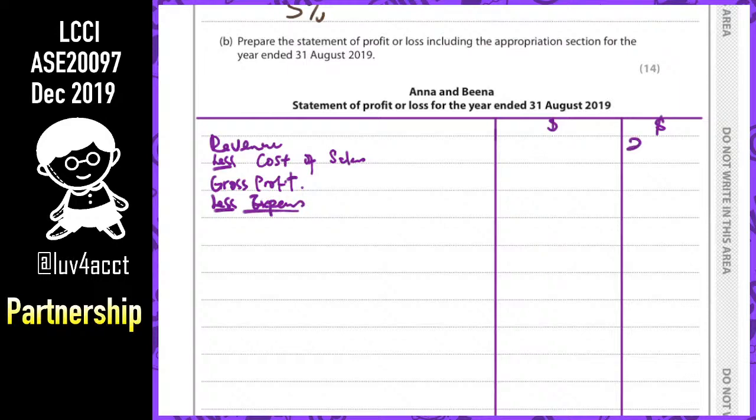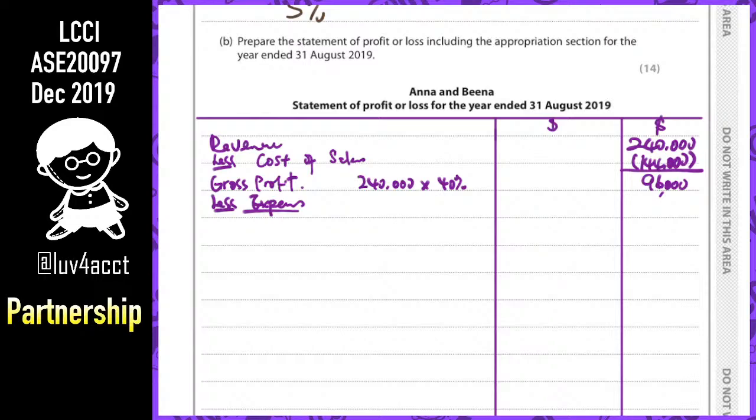Revenue is 240,000. For gross profit, we have 240 multiplied by 40% profit margin. 40% of 240 is 96,000. That means 144 for our cost of sales. So we finish one part now.